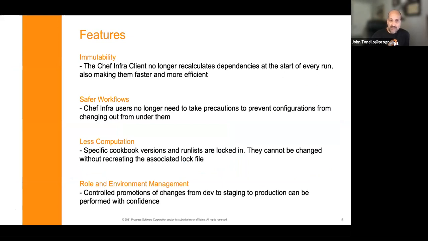So this just summarizes basically what I just said. Safer workflows, immutability, and the cookbook versions in those run lists are locked in, and it is faster from several aspects, not only in your work as a developer, but in the execution as well. And it also brings you into roles and environments.